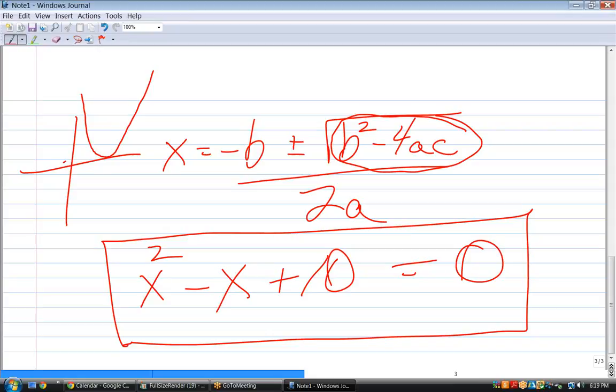If you're trying to find the dimensions of a box and you look at the discriminant and realize that you only have imaginary solutions here, there are no solutions to your measurements of this box. So you're done. A lot of times you can advance towards the ultimate solution by starting by looking at the discriminant.